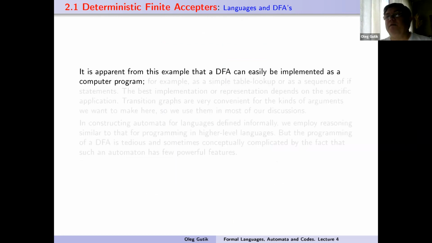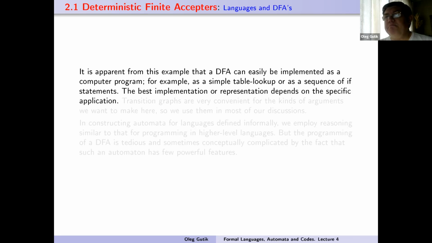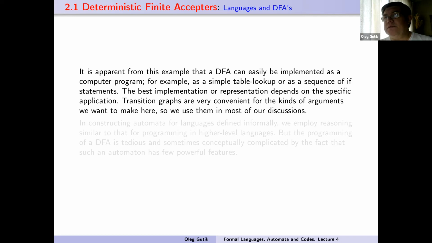It is apparent from the example that a deterministic finite acceptor can easily be implemented as a computer program, for example, as a simple table lookup or as a sequence of if statements. The best implementation or representation depends on the specific application. Transition graphs are very convenient for the kind of argument we want to make here, so we use them in most of our discussion.